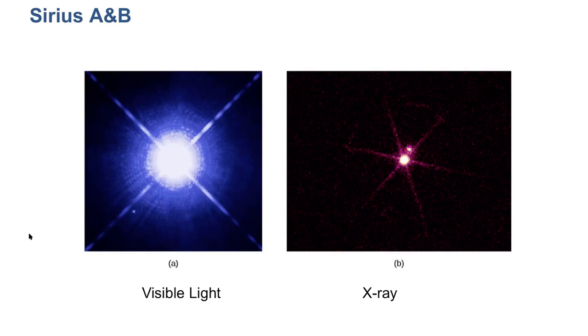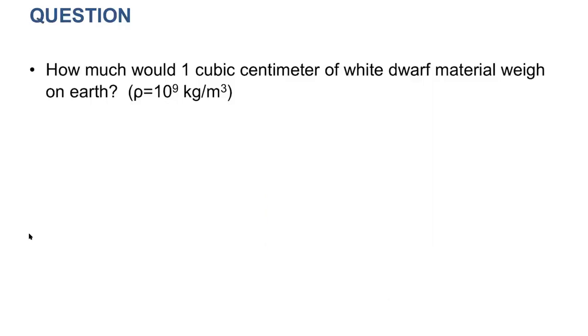And so even though this object is so faint in the visible part of the spectrum, it's actually brighter than Sirius in the X-ray part of the spectrum. And this is a white dwarf. This is the nearest white dwarf to us, a binary companion to Sirius, the brightest star in the sky. So Sirius B is one of these white dwarf stars.